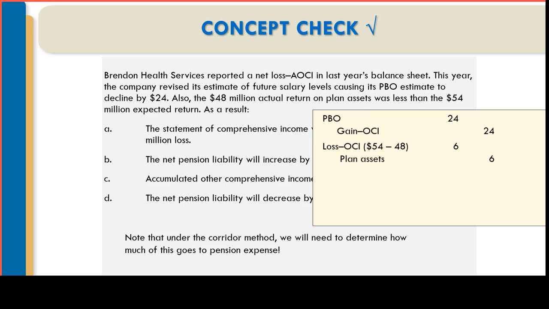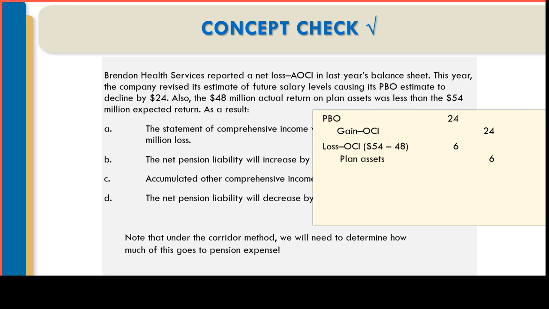Now, plan assets overall needs to go up by 48. So you're also, to make your plan assets right, you really need to look at plan assets and say, I just took it down by 6, and in the end, I need to take plan assets up by the actual of 48. So to do that, you are going to record in plan assets the expected return.